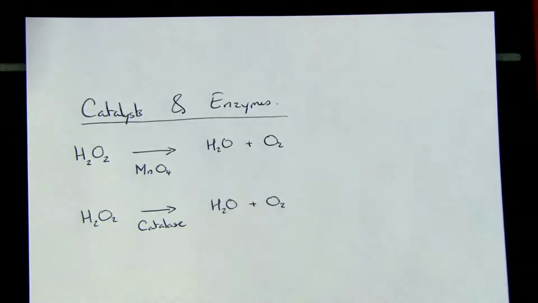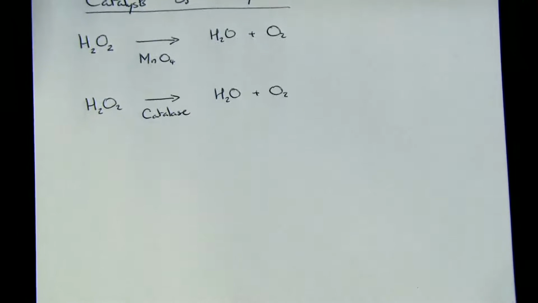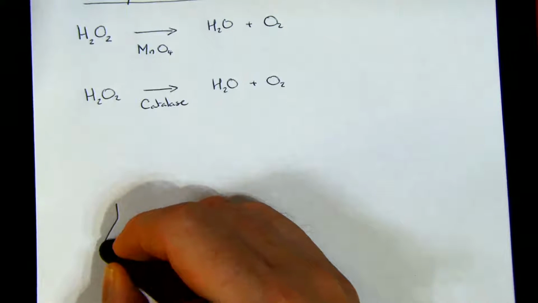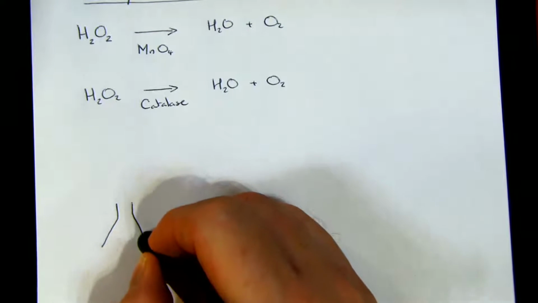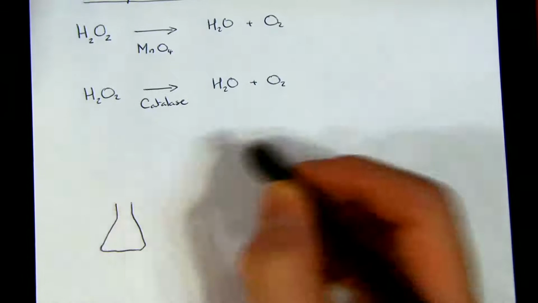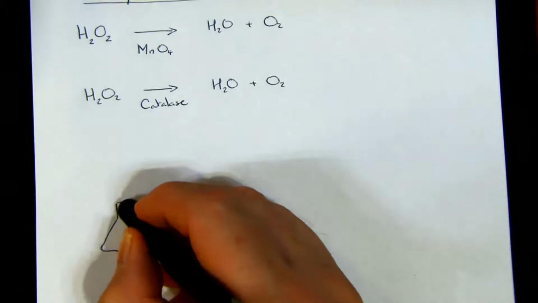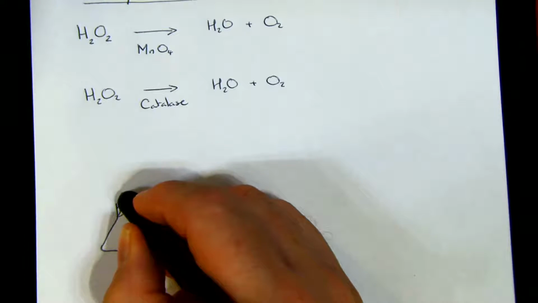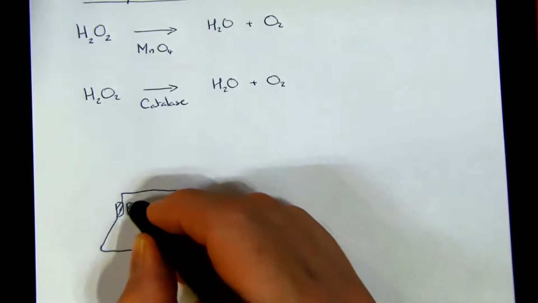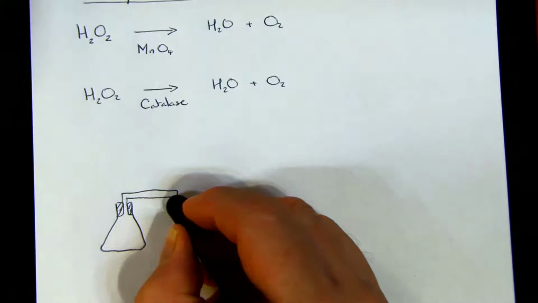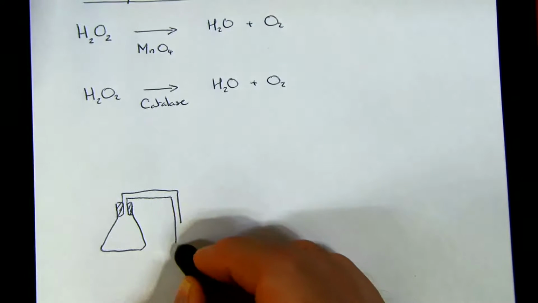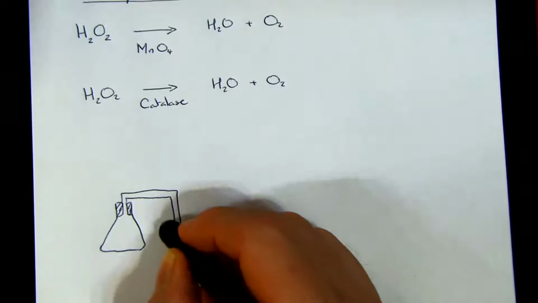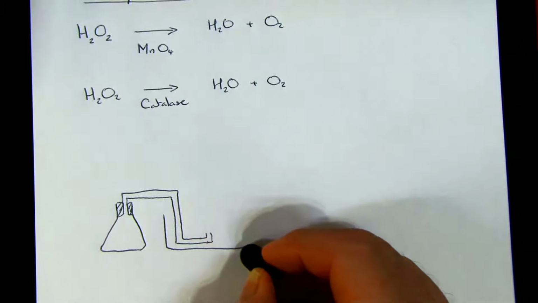So what are we going to do? Well, let's have a look at what this experiment is all about. We've got a conical flask, not one of my better ones. We're going to connect the conical flask to a piece of glass tubing, and this glass tubing I'm going to put in a bowl of water.